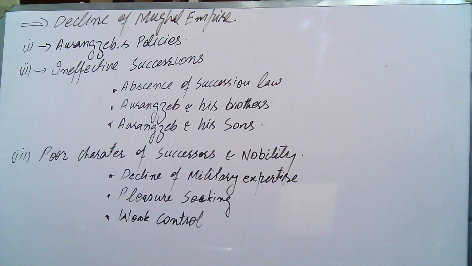Discontent grew and revenue from tax collection declined. In this way, the empire became even weaker and difficult to manage. This was the character of Aurangzeb's successors and nobles. All these factors had a great impact on the Mughal Empire, and this ultimately led to its decline.